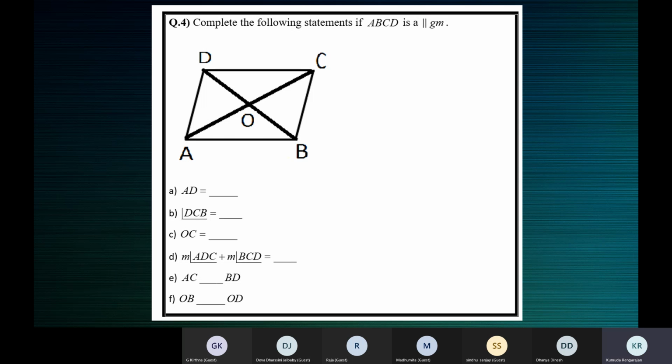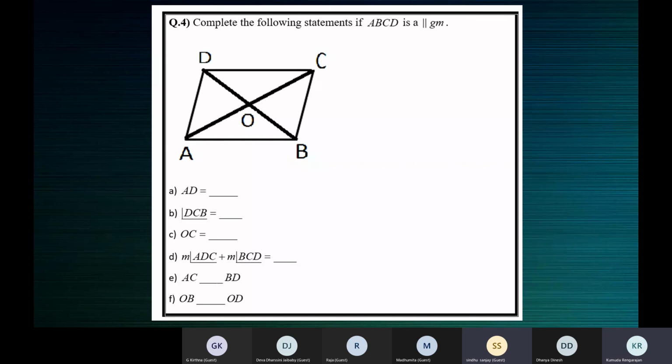The last one, children. OB is equal to OD, ma'am. Which is the midpoint of BD? O, ma'am. And which is the midpoint of AC? O. Is AO equal to OC? Yes, ma'am.